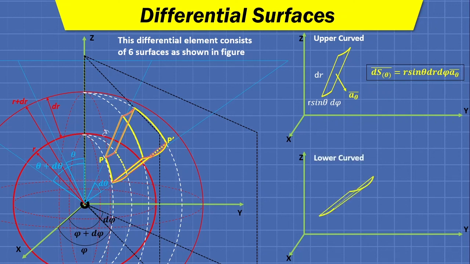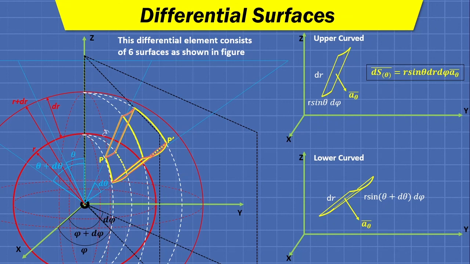The fourth surface is the lower curved surface. As you can see, this orange highlighted surface is our lower curved surface, and the lengths of its sides can be represented as dr, and this length is nothing but r sine (theta plus d theta) d phi.